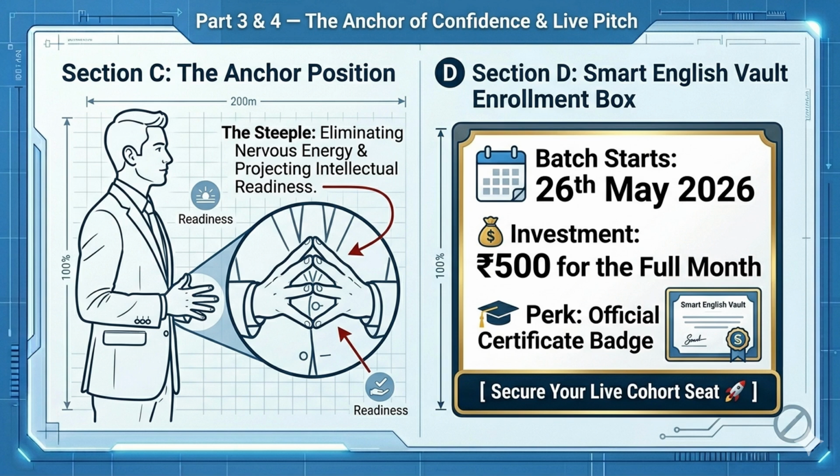Keep your elbows relaxed and slightly away from your center. The impact: the alignment anchors your nervous energy, prevents fidgeting, and projects absolute psychological readiness, intellectual focus, and poise to the examiner looking at you.